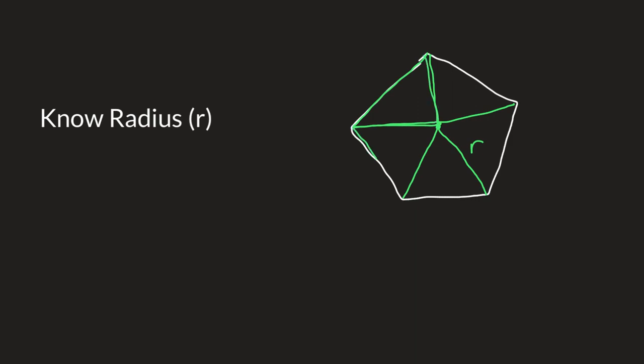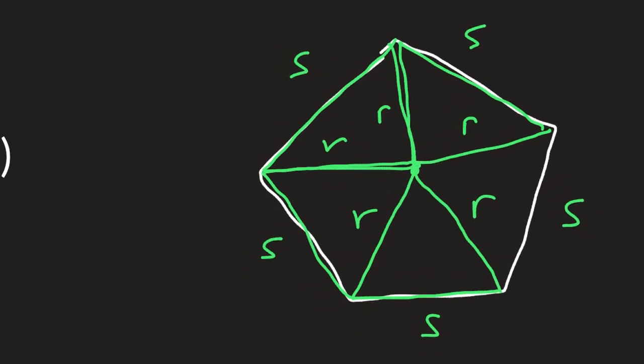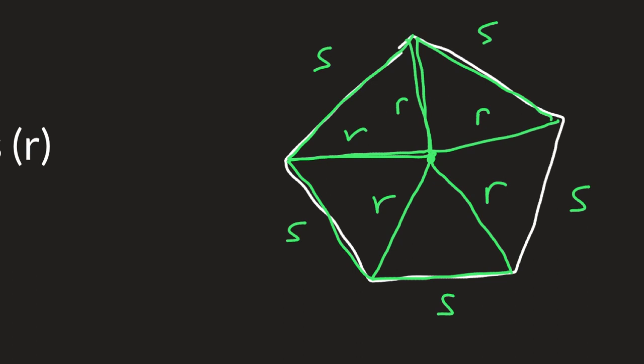This is a regular polygon, so all of the sides are the same length, right? These are all the same. And of course, every radius is the same. So these are a bunch of congruent isosceles triangles, and there are 5 of them because this is a pentagon.